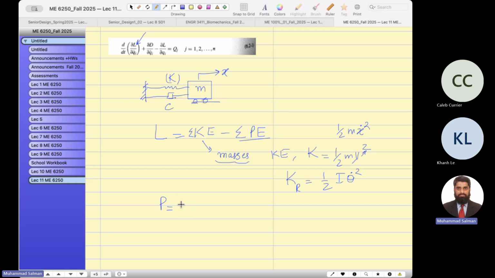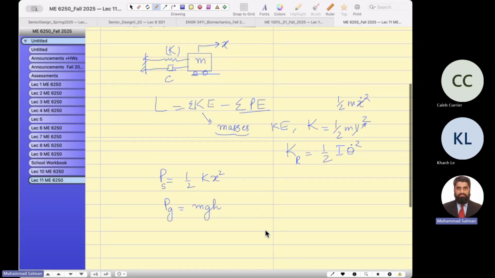When you see springs, you will use the potential energy due to the spring, which is half k x square, and the potential energy due to gravity. You will sum these up together.